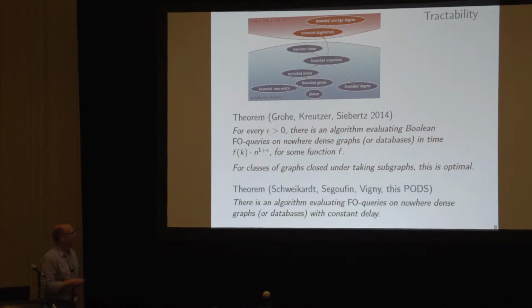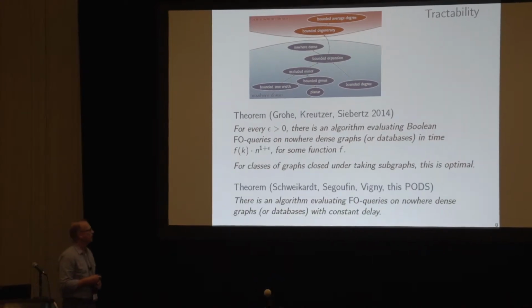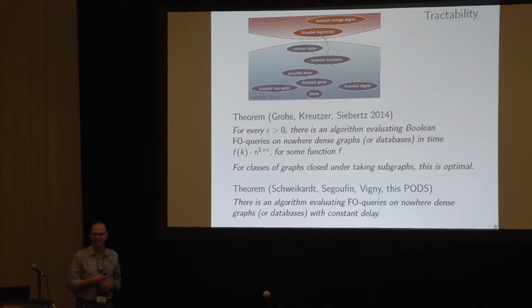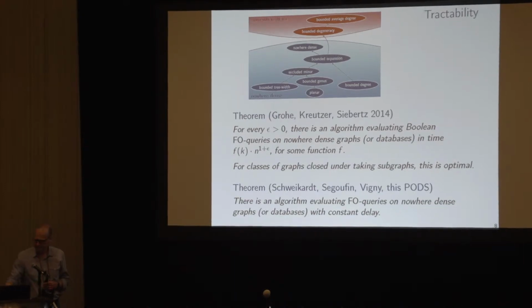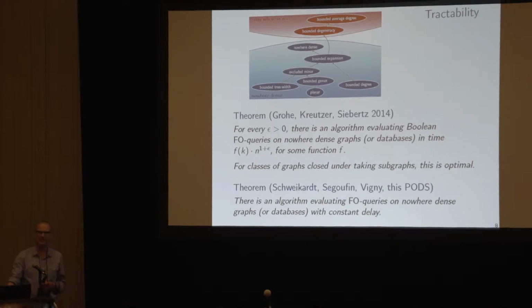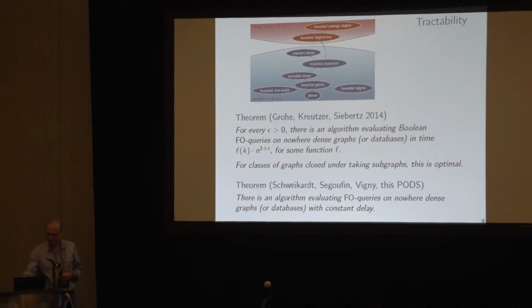Okay, and another result I want to mention, one that was presented yesterday I suppose, is that we can even evaluate queries with free variables on nowhere dense graphs with constant delay. Okay, so we thought, why not do something like this for the counting logic?